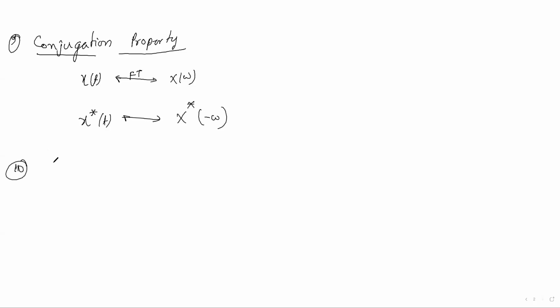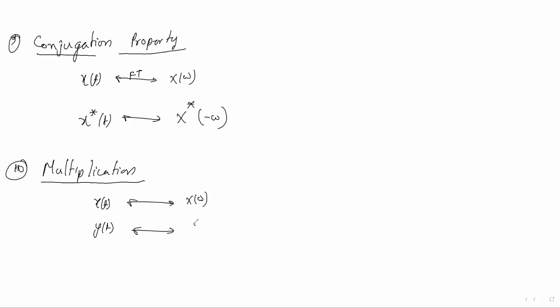Take another property, multiplication of signals. If x(t) has Fourier transform X(omega) and y(t) has Fourier transform Y(omega), then if you multiply the signal x(t) into y(t), our Fourier transform would be 1 by 2 pi times X(omega) convolution Y(omega).